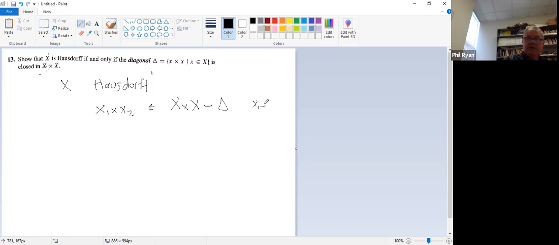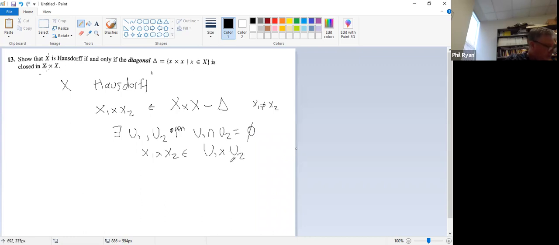So that means x1 is not equal to x2. So since it's Hausdorff, there exists, this is basically the other proof going the other way, u1, u2 open with their intersection being empty. And we've got x1 cross x2 in u1 cross u2.